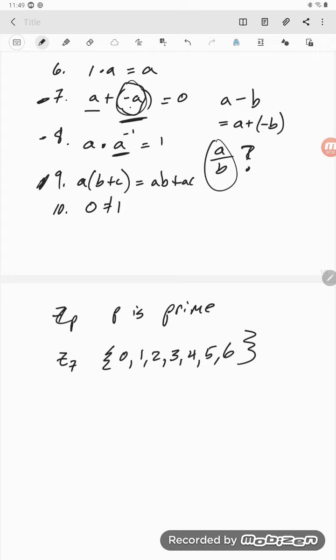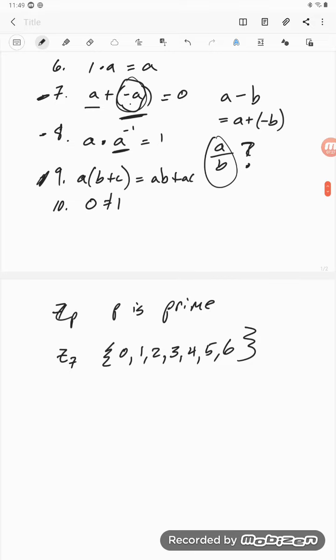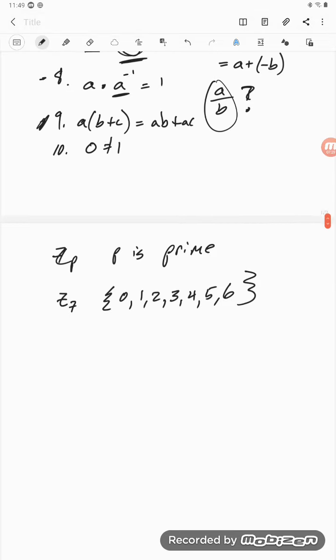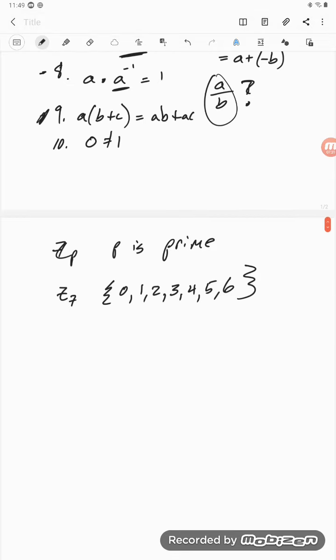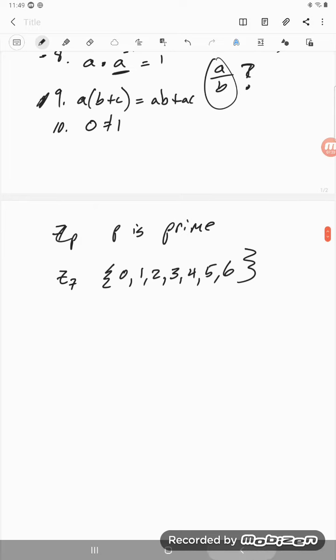Okay, so there are 7 elements there, but we start with 0. And the way we do this is we use this thing called a modulus, modular arithmetic.